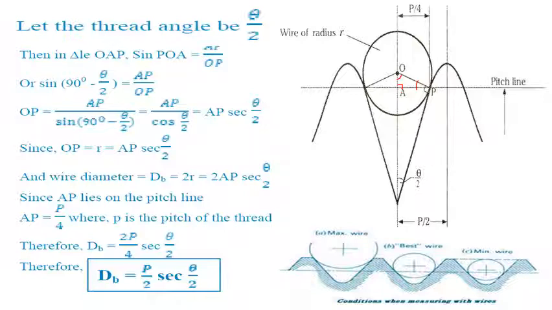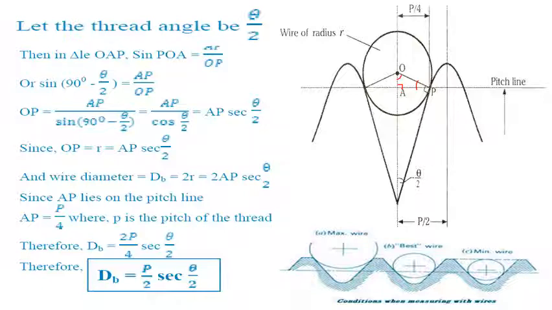Sine of 90 minus x we can call cos of x. So AP divided by cos of theta by 2, and 1 by cos of theta by 2 is secant of theta by 2. So the expression can be further rewritten as AP into secant of theta by 2.